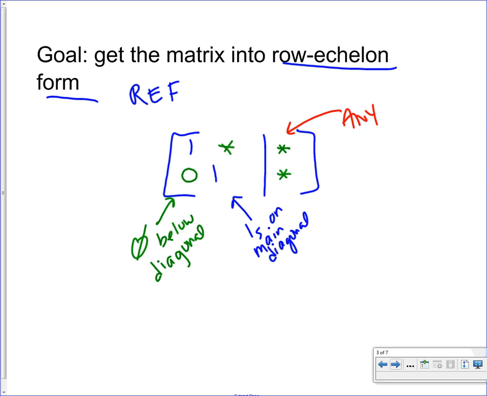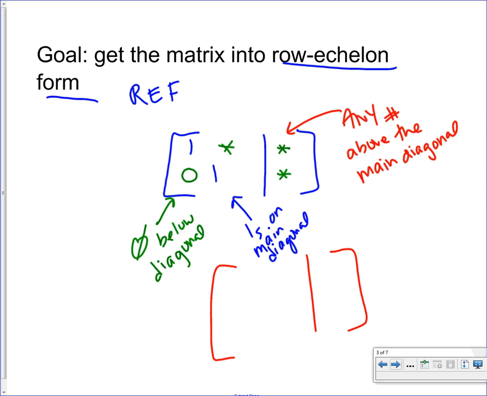Fractions, decimals, pi, any number at all. Any number is allowed above the diagonal. That's what it would look like as a 2 by 2. If we had a 3 by 3, same concept, we would have 3 1s, 0s below the main diagonal, anything above. And so on and so on. We could have a 4 by 4, 5 by 5, as many as we wanted.